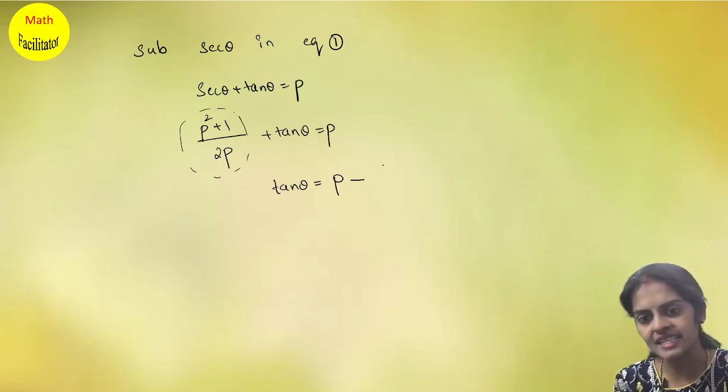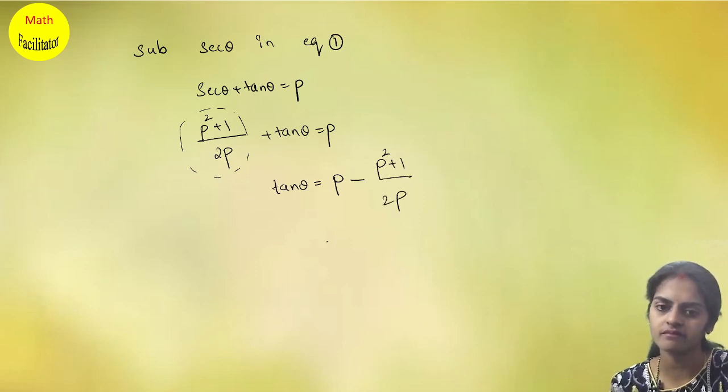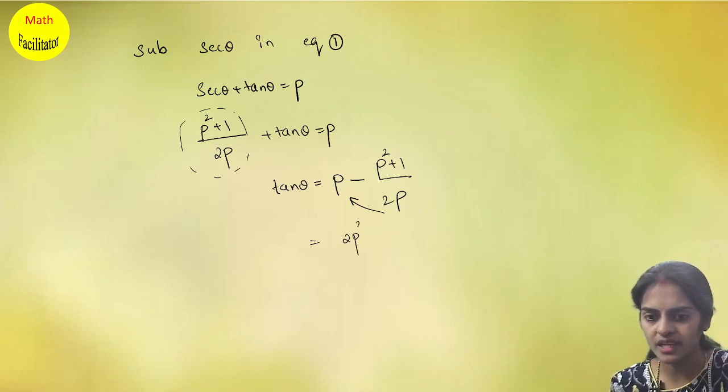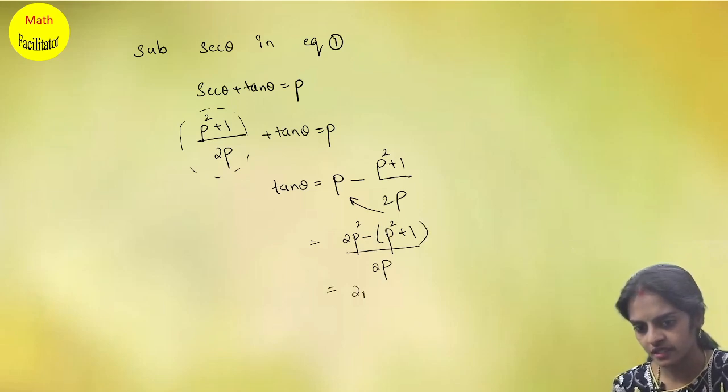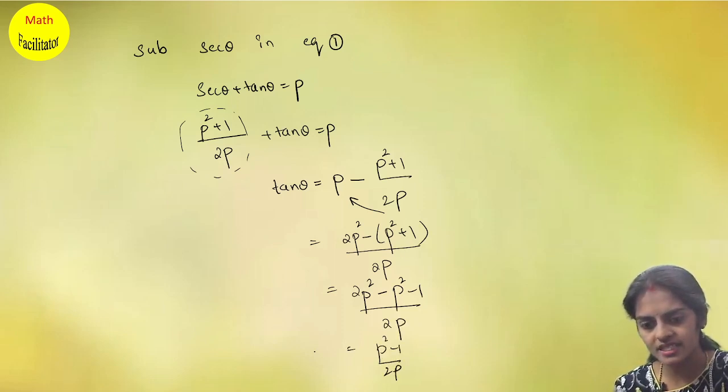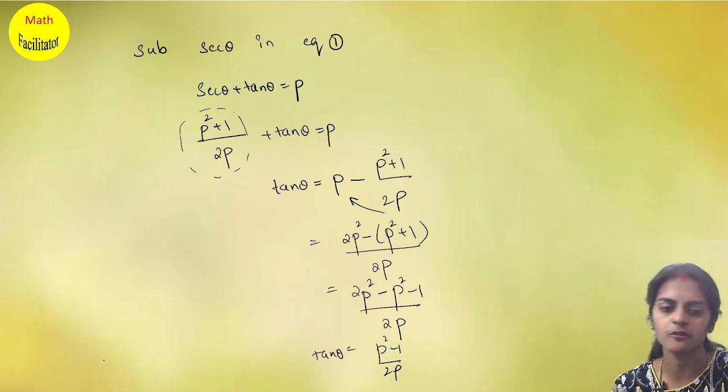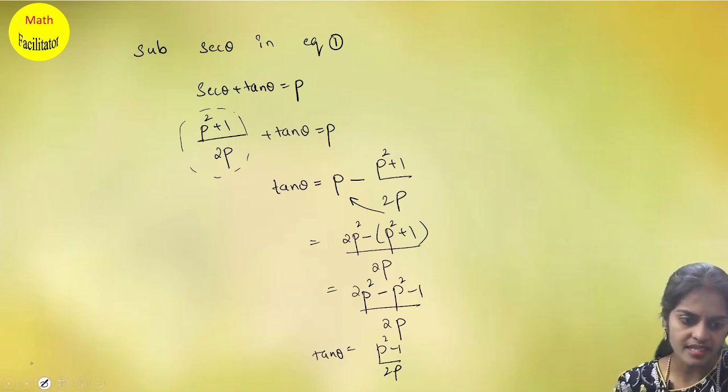Now taking LCM, p into 2p is 2p square, minus (p square plus 1) by 2p. So you should know how to take the LCM here. So 2p square minus p square minus 1 by 2p, that is nothing but (p square minus 1) by 2p. So this is the tan theta value I got.